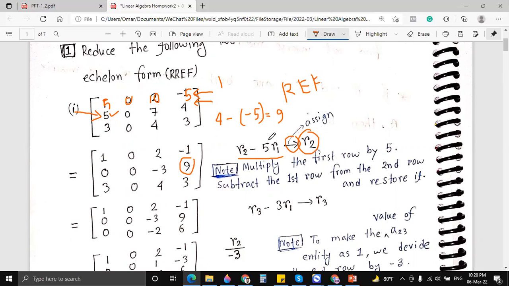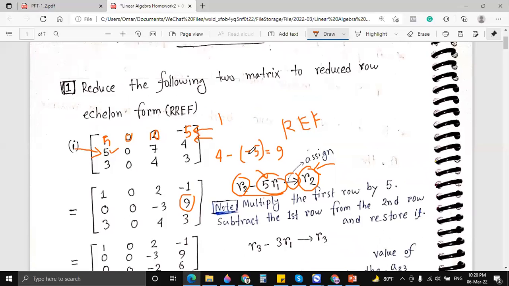That means I multiply 5 with the first row, then subtract this value from the second row, and assign the result to the second row. So I have written down here: multiply the first row by 5, subtract it from the second row, and restore it.